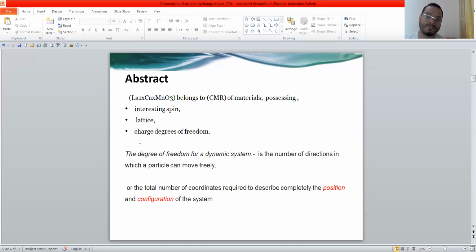Let's take a brief idea about what the charge degrees of freedom is. Actually, I didn't know, but I did simple research in Google.